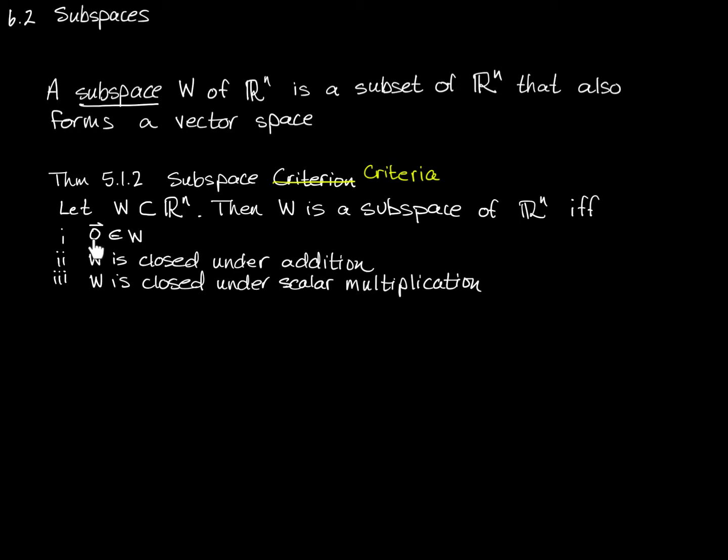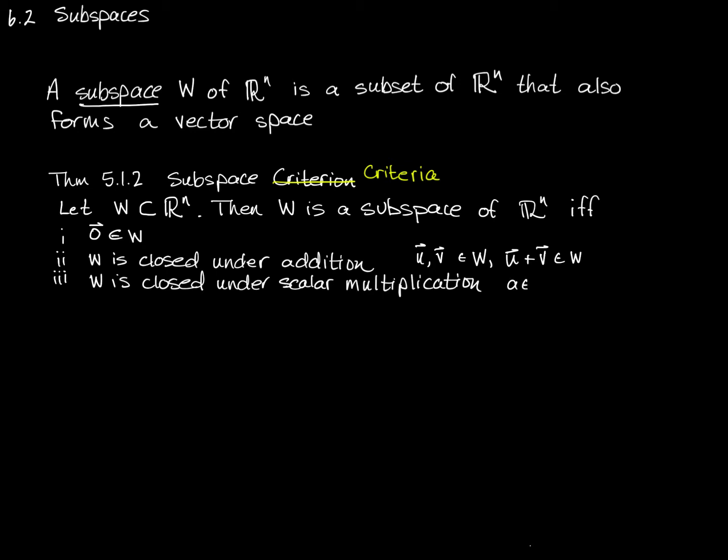Once you've established that the 0 vector is in the subset, you have to check to see whether the subset is closed under addition and closed under scalar multiplication. And back in real number vector land, what that looked like was that if I had a u and a v, 2 vectors in W, then u plus v was also in W. And scalar multiplication, same thing.